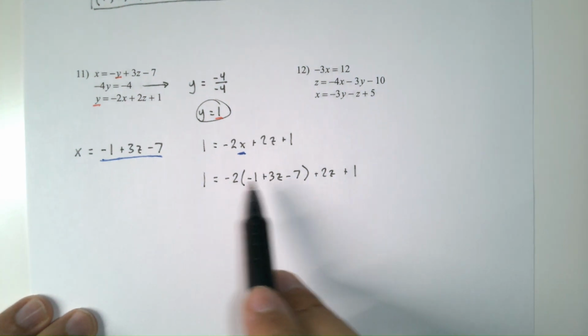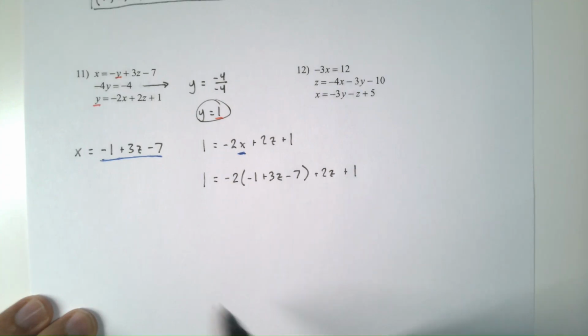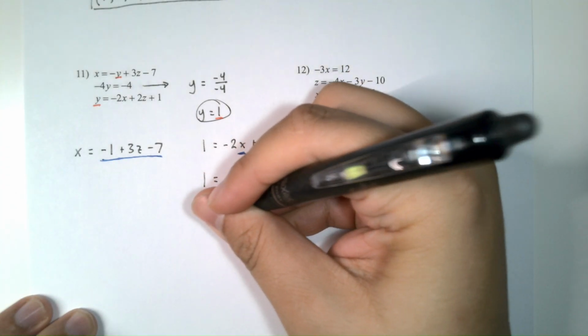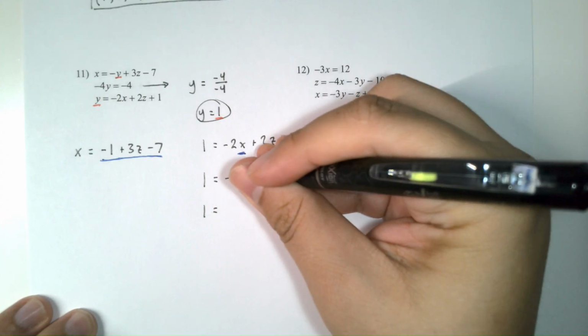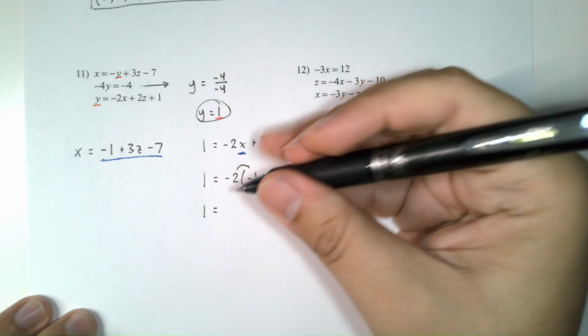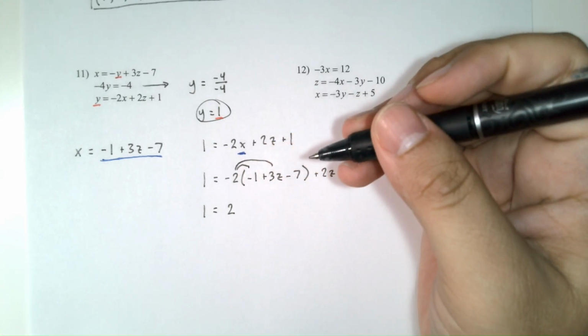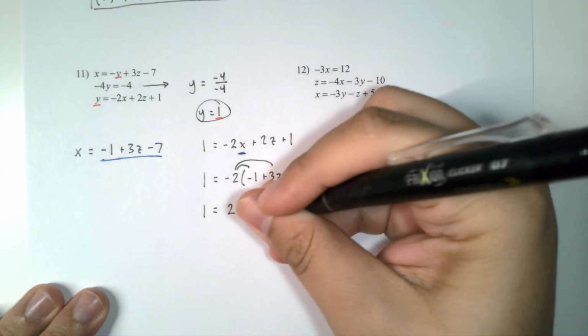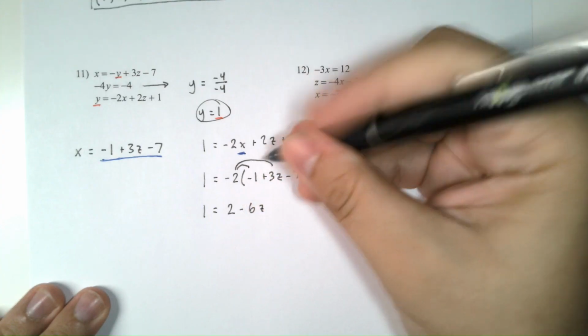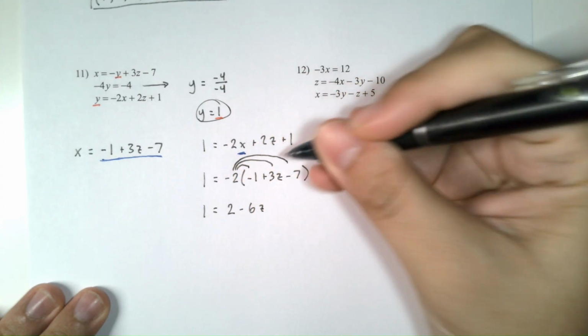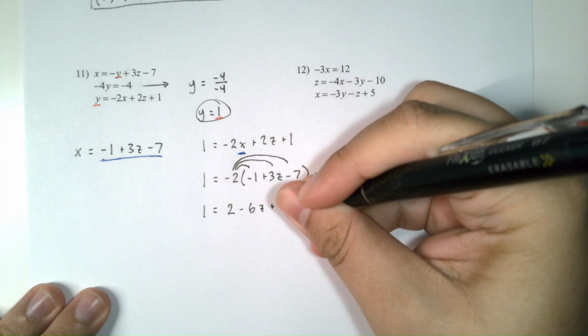Let's distribute this negative 2, combine like terms. That has 1 is equal to 2, since negative 2 times negative 1 is going to be a positive 2. We have negative 2 times 3z, it's going to be negative 6z. And then we have negative 2 times negative 7, which is going to be positive 14.